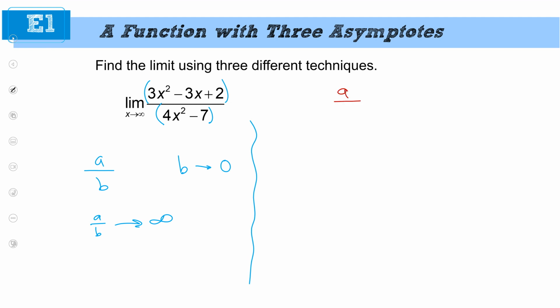Okay, now, what if we take a over b, and we have b go to infinity? What happens when the denominator of a fraction gets very large? What happens to the entire fraction? It becomes infinitely small, also known as? Just infinity.